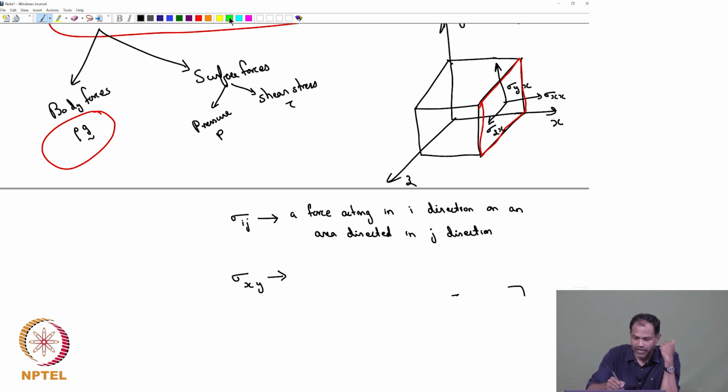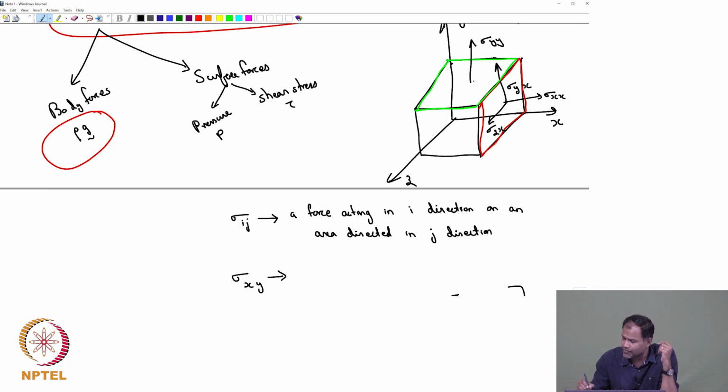Similarly, if I consider another point, let us say on this plane, that plane is perpendicular to y. So, if I define a sigma yy, that will be a force that is acting in y direction on the area y.